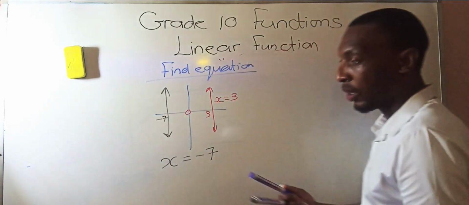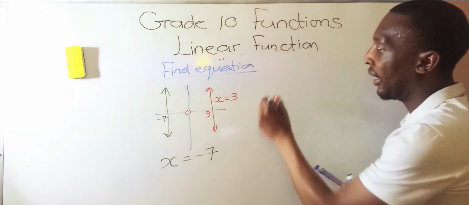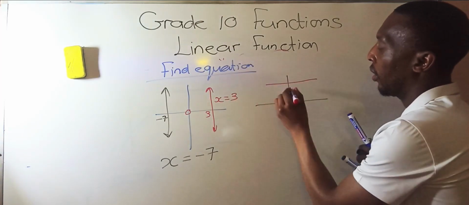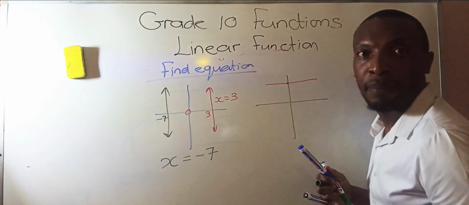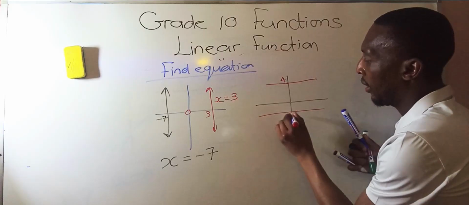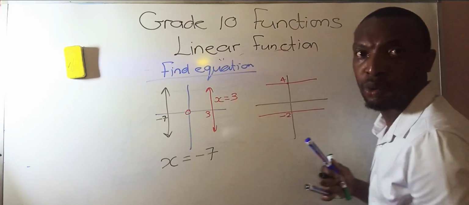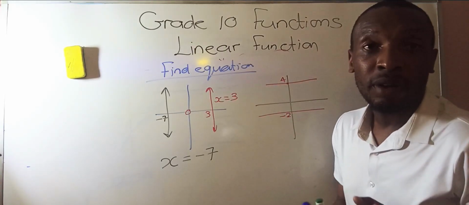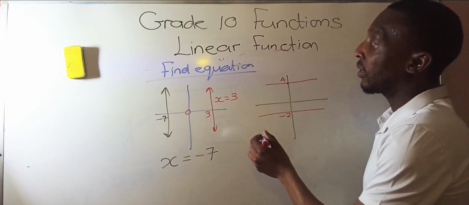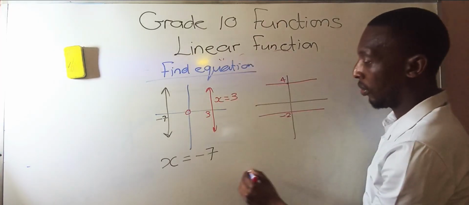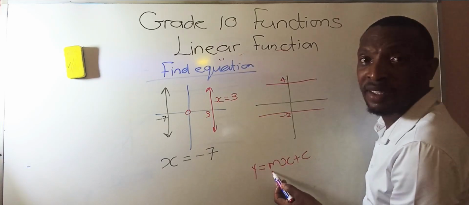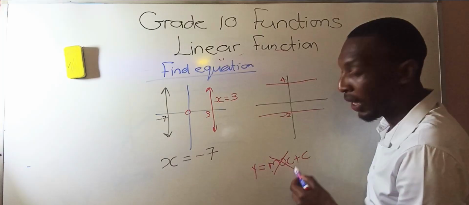And let's look at a horizontal line. This one cuts my y-axis at 4. And let's say this one here cuts my y-axis at -2. The gradient of a horizontal line is 0. So it means that the middle term, this is 0, so this term falls away.